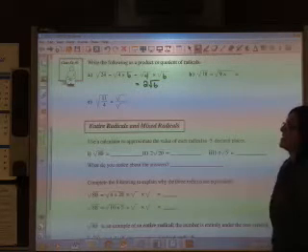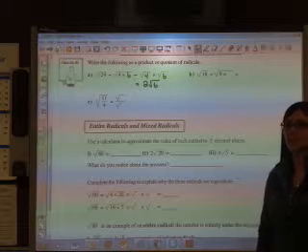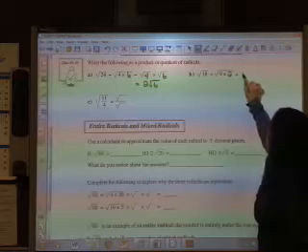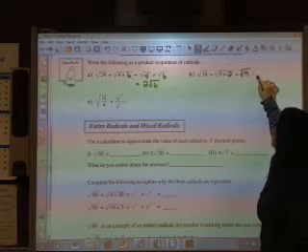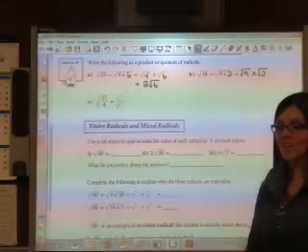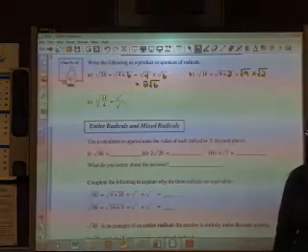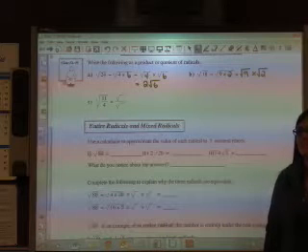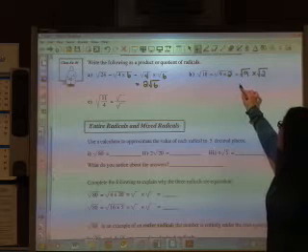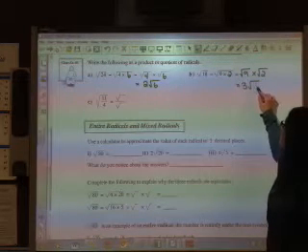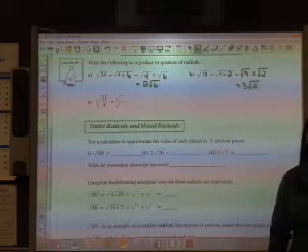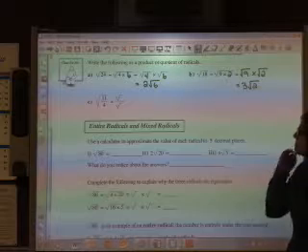If I take 18 and I rewrite it as the square root of 9 times 2, and then I can split it up, the square root of 9 times the square root of 2. Is there anything else I can do in this question? I can take the square root of 9. Square root of 9 becomes 3. And then I get 3 times the square root of 2, or I read it as 3 root 2.